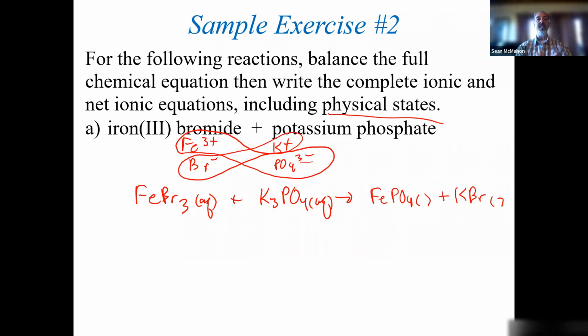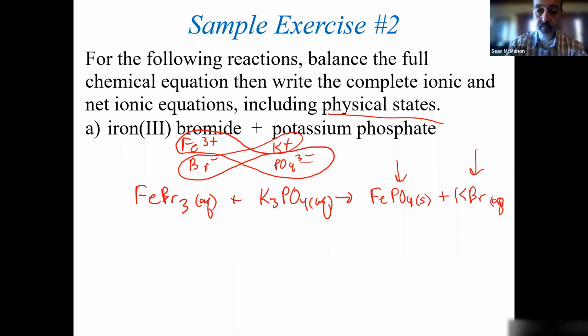Now I have to see if an actual reaction took place. Well, with the potassium bromide, I know potassium, group 1, is always soluble. This is aqueous. So there's no reaction. However, phosphates, they're not part of that acronym NAG SAG Castro-Bear PMS, because phosphates are always insoluble.